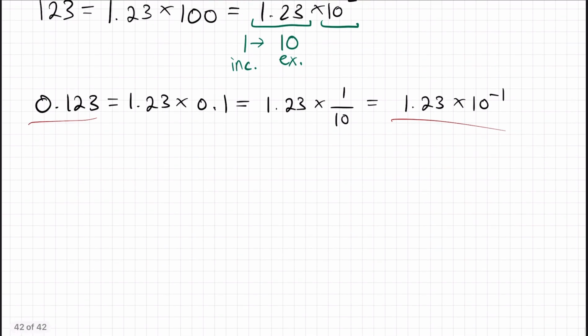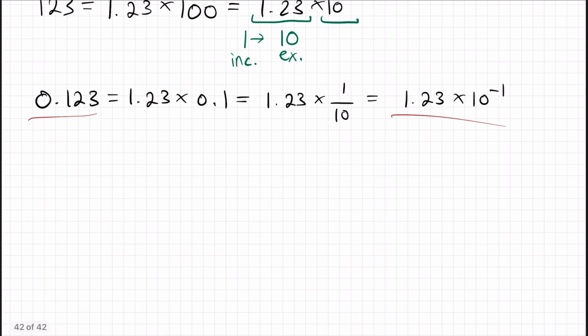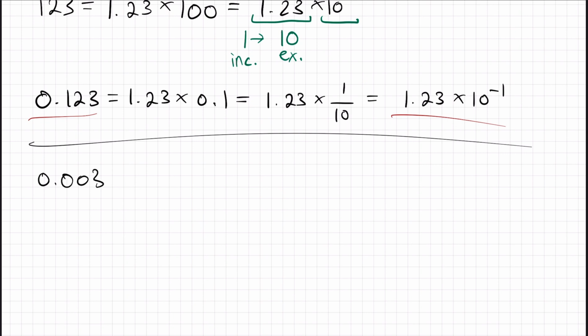A good way of working with decimal numbers is, let's say you want to convert 0.003 into standard form. You want to count how many times you move the decimal point.